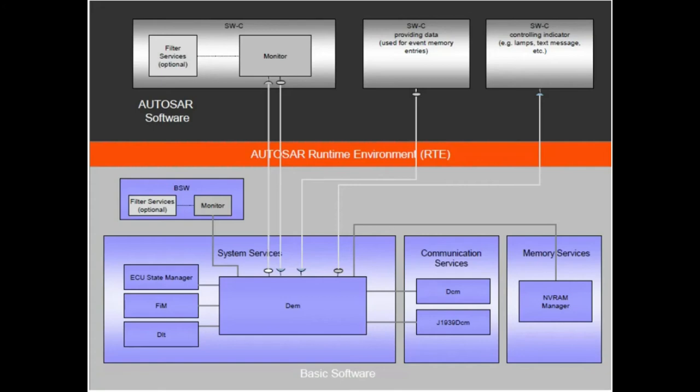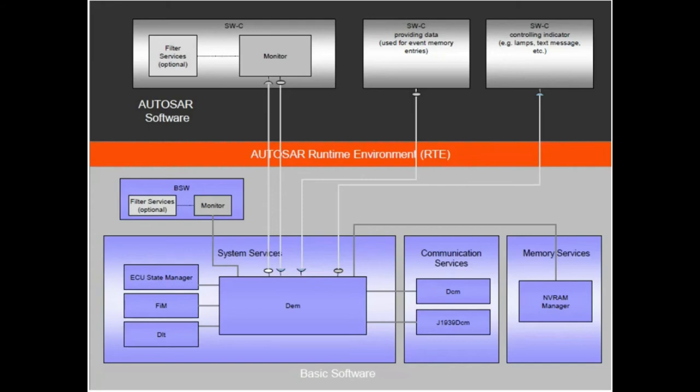The DEM is used by all the components, and it has a unique interface, that is Dem_ReportErrorStatus, followed by each component. For example, high voltage, low voltage, high temperature, whatever, should be reported through the DEM error status. So this interface is used by all the components to monitor the DEM events. I just give a callback function from DEM.